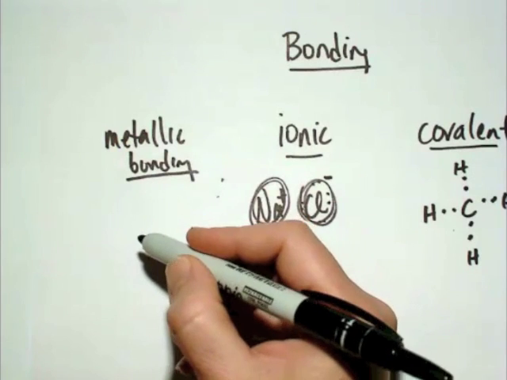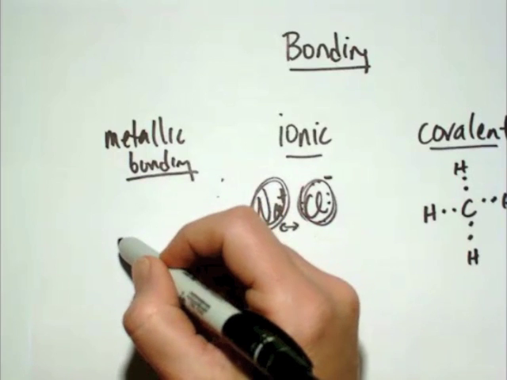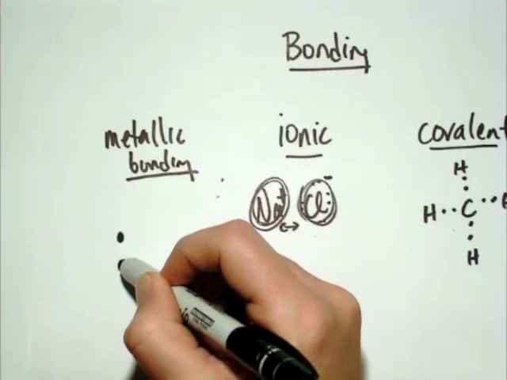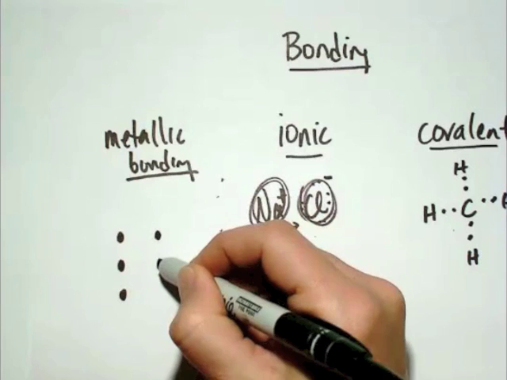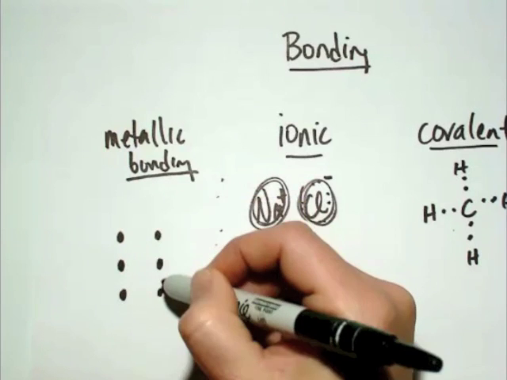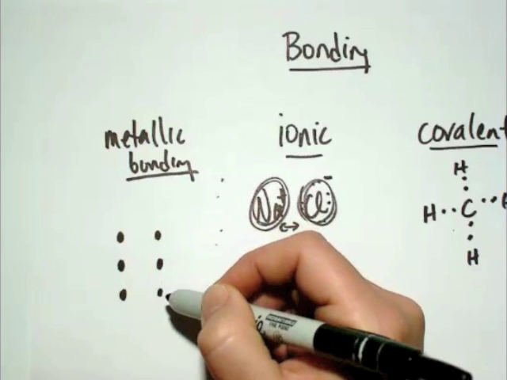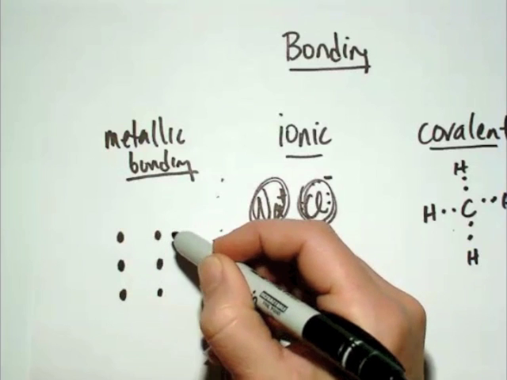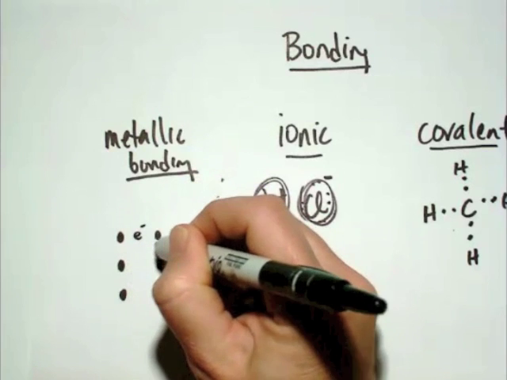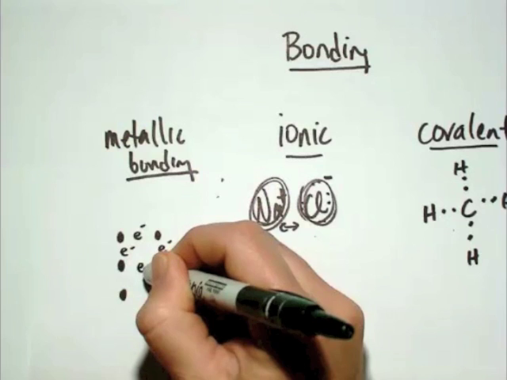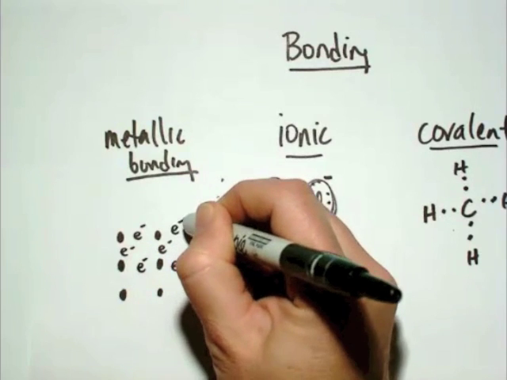And for example, there are the atoms of the metal, whatever the metal may be, pretend it's copper. And these dots that I'm drawing are the atoms of copper and the interior electrons of all the copper. And then what we say is that these atoms exist in a sea of electrons.